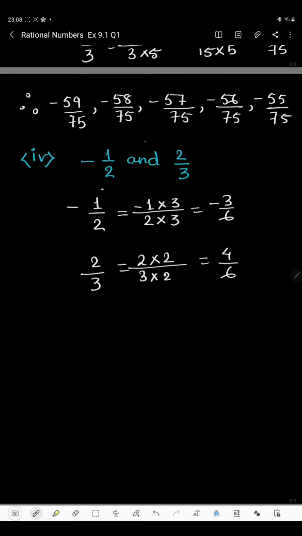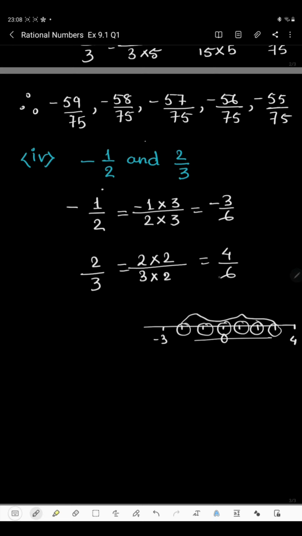Now we need to write 5 rational numbers. Suppose here is 0, 4 comes after 1, 2, 3, and minus 3 comes here, after minus 1, minus 2. Here is minus 3 and here is 4. So how many numbers are coming in between? 1, 2, 3, 4, 5, 6, total 6 numbers we are getting in between.